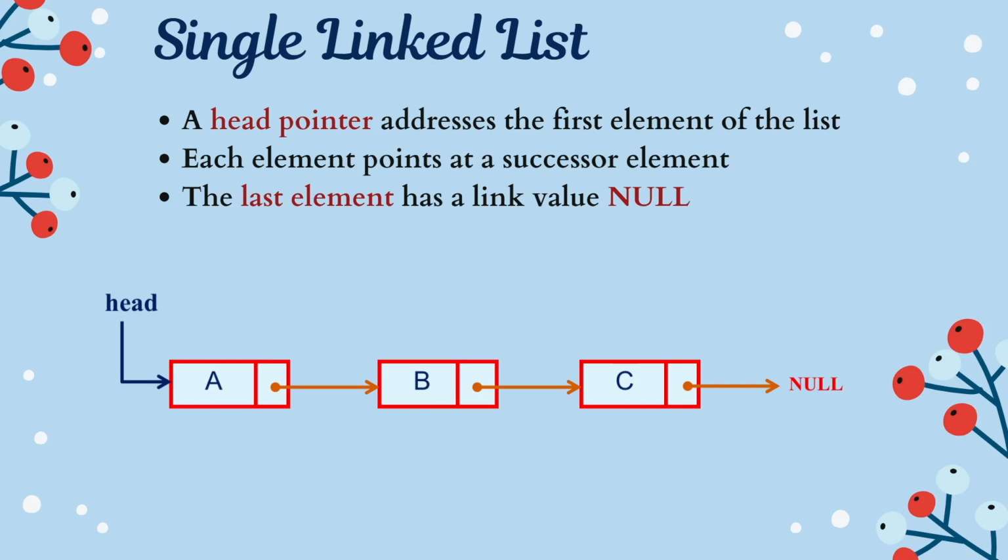Every element other than the last element in the list will point to its successor, that is, node A will contain the address of node B, the next portion of node B will contain the address of node C, and likewise. Since C happens to be the last node in that list, its address contains a value of null, and that marks the end of the list.